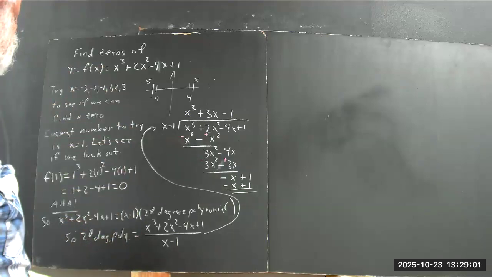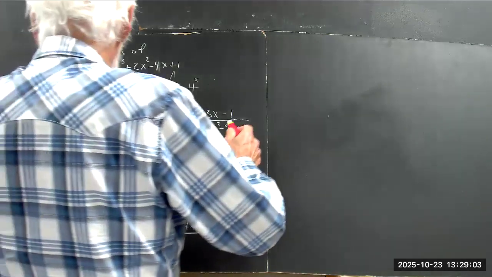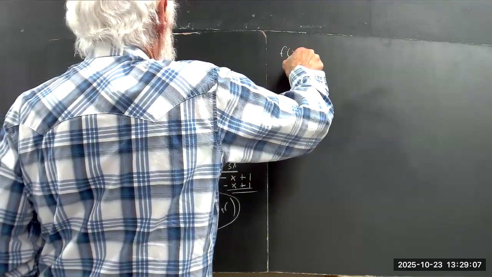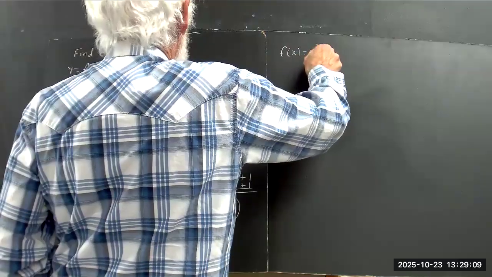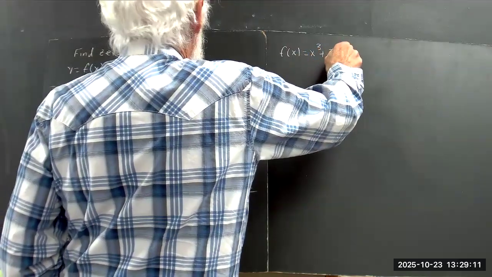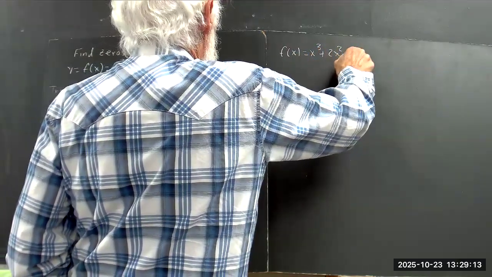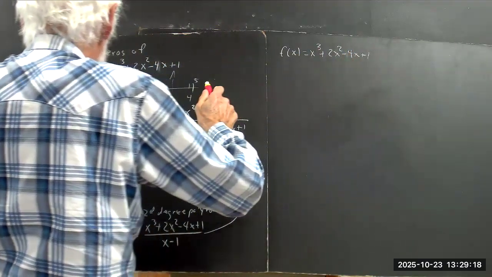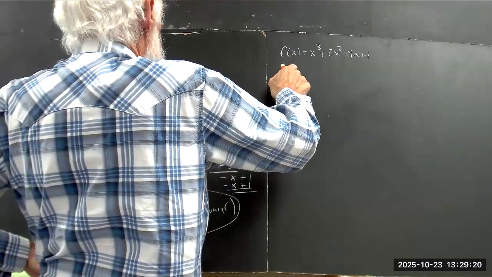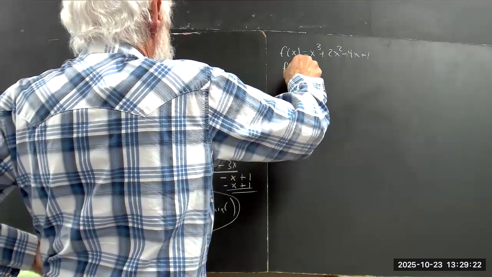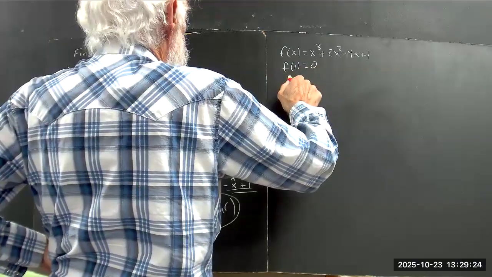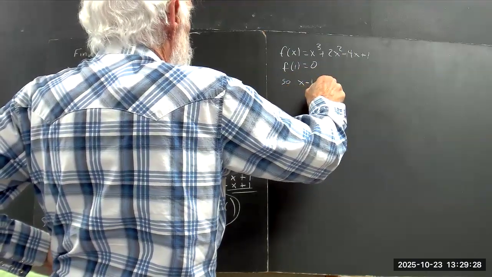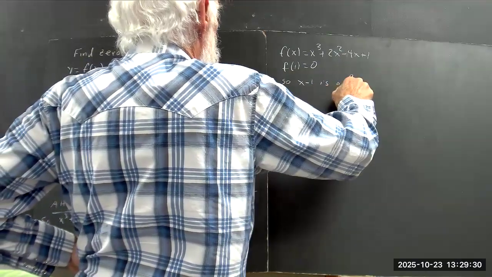Okay. So what have I concluded? Just to summarize, f of x is x cubed plus 2x squared minus 4x plus 1. F of 1 equals 0. So x minus 1 is a factor.